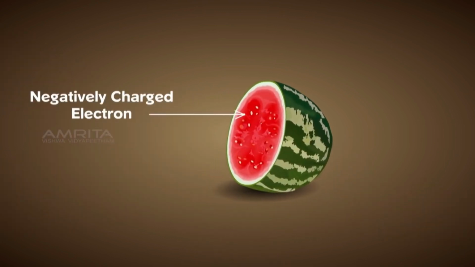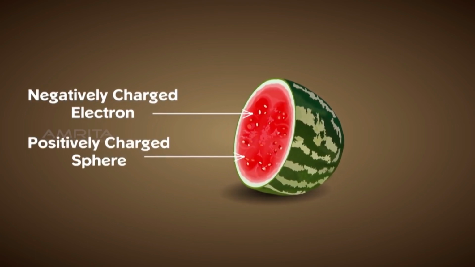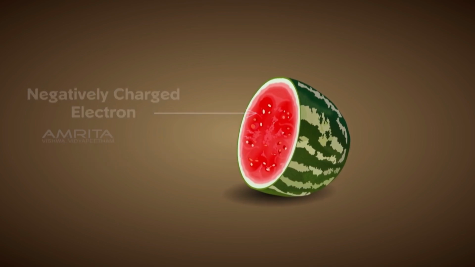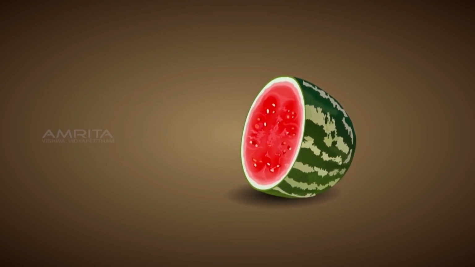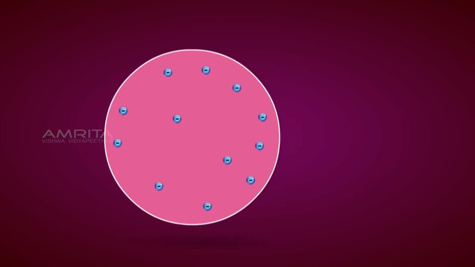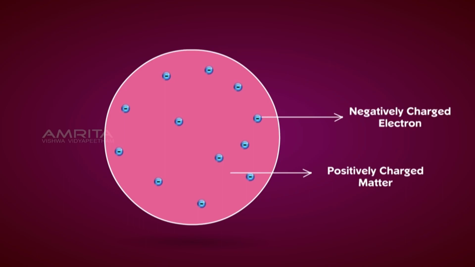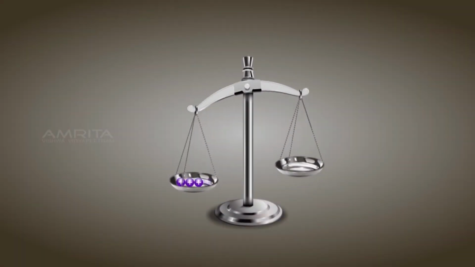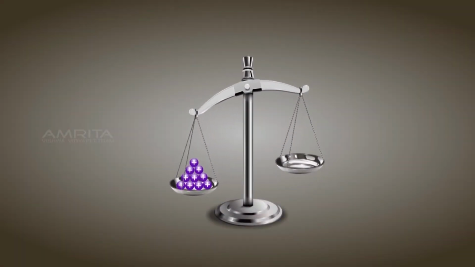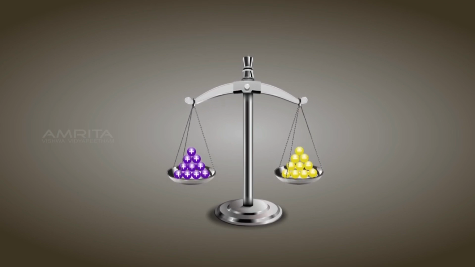The negative charged electrons are like seeds embedded all over the positively charged sphere that is compared to the edible part in the watermelon. Thus, Thomson proposed that an atom consists of positively charged sphere and the electrons are embedded in it. The negative and positive charges are equal in magnitude, so atom as a whole is electrically neutral.